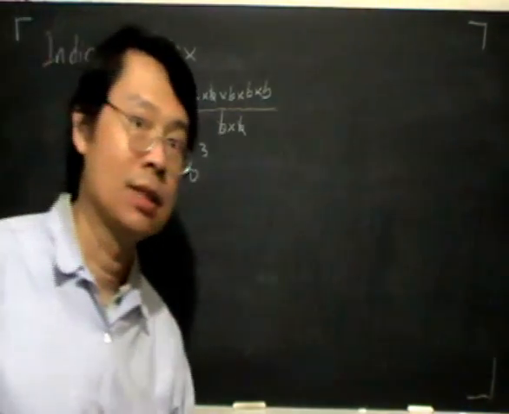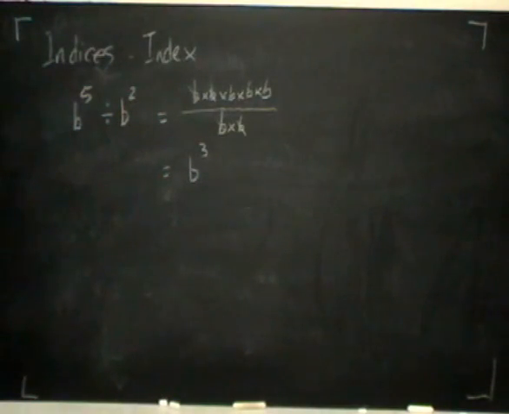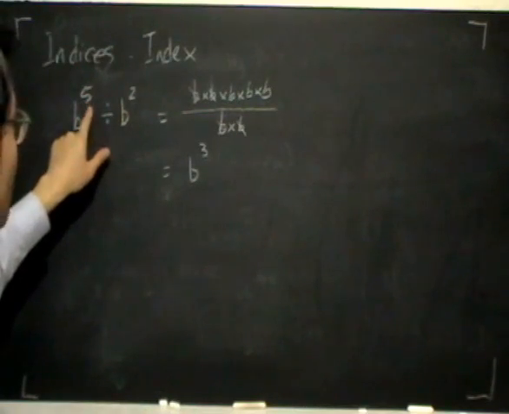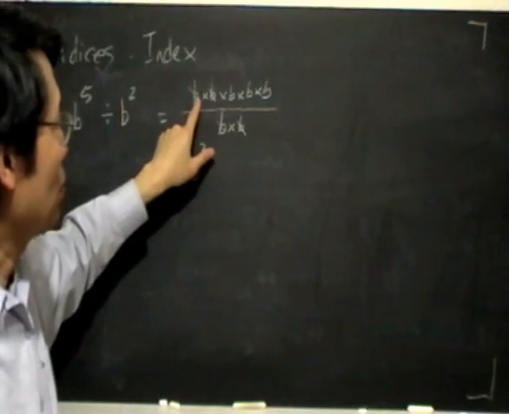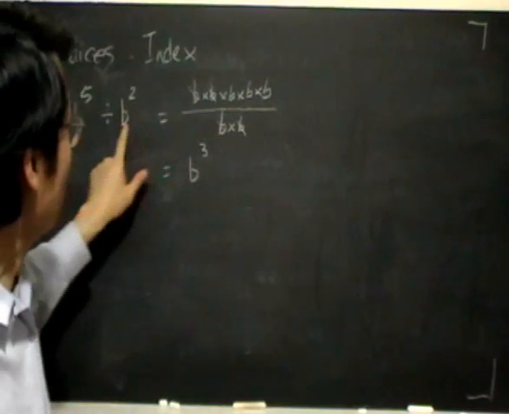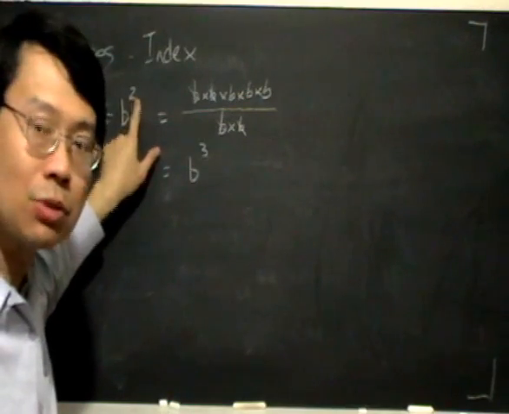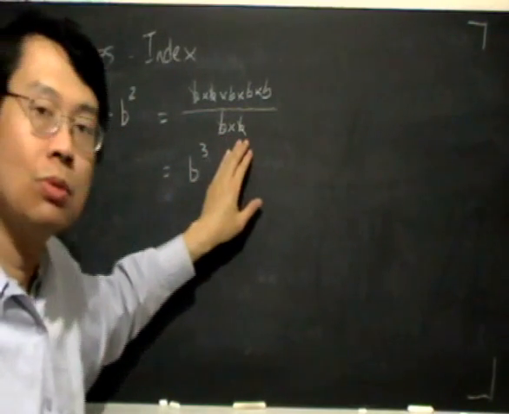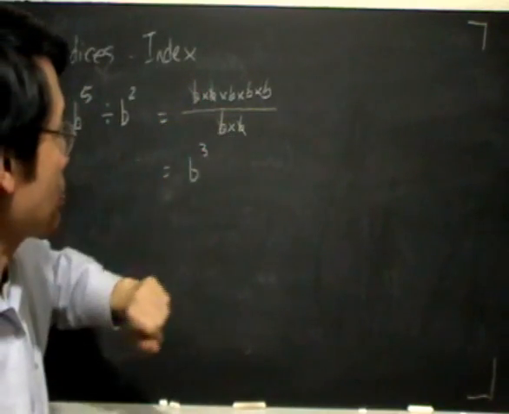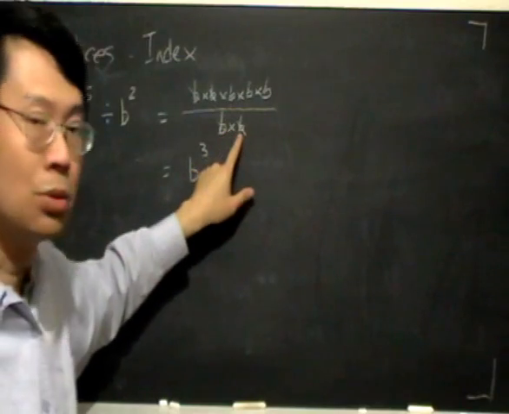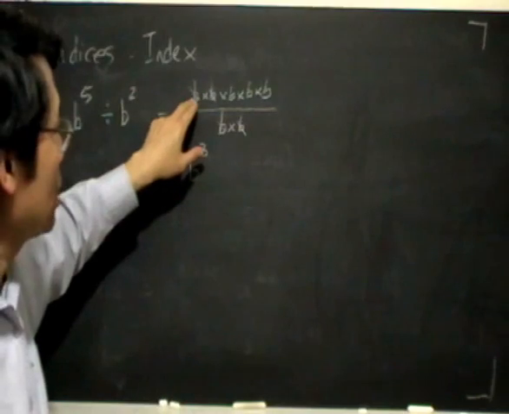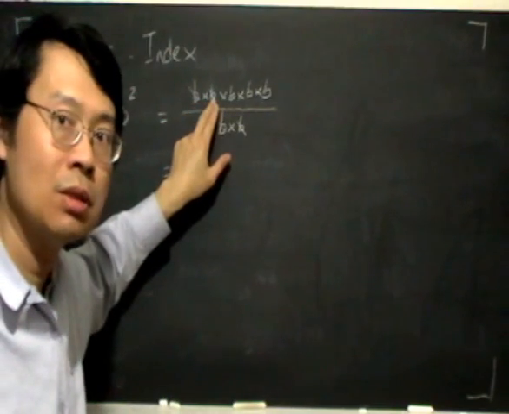Right? Is there a simpler way to do this? Indeed, there is. Notice that the power of 5 there means that we have 5 factors of b on the top, and the power of 2, b squared, means that we have 2 factors of b at the bottom. And when we cancel them, because there are 2 factors of b at the bottom, we have cancelled out 2 factors of b at the top.